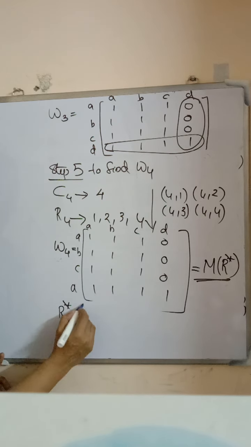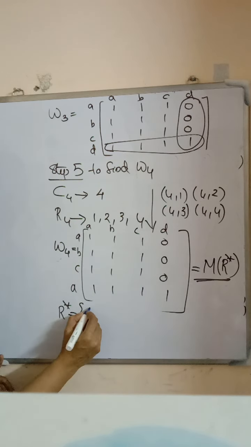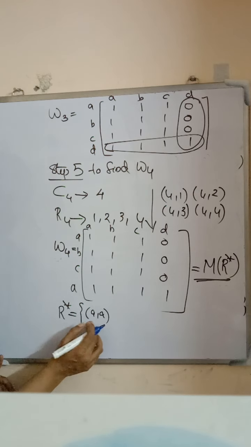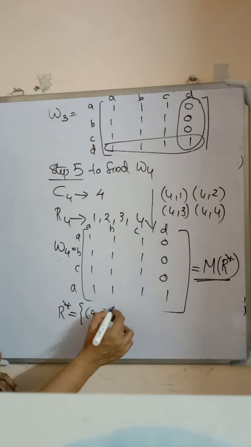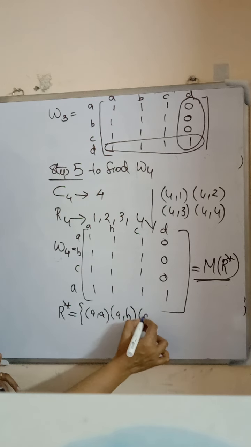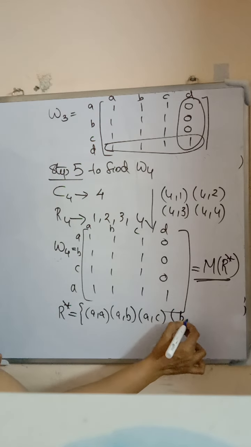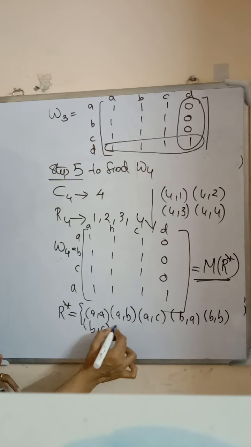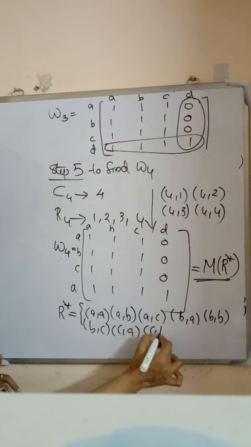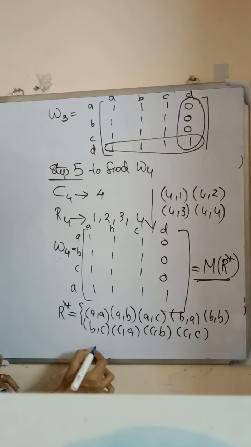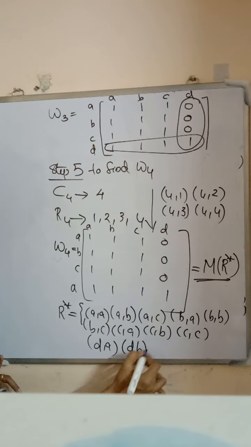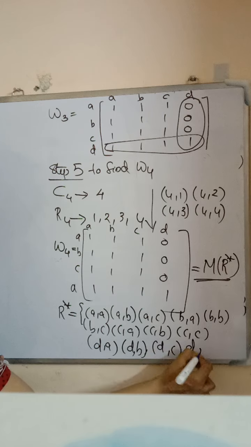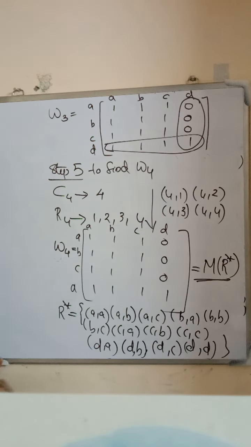Transitive closure from this matrix M R star is the relation, set of ordered pairs AA, AB, AC, BA, BB, BC, CA, CB, CC and DA, DB, DC, DD. This relation is the transitive closure.